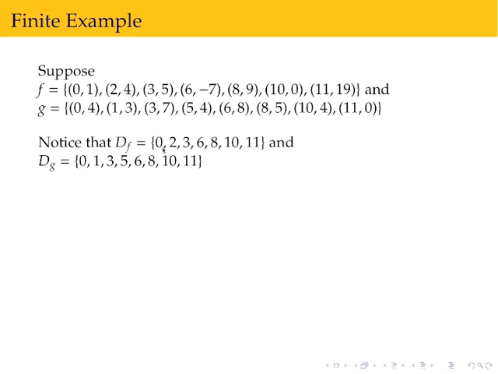The domain of f is 0, 2, 3, 6, 8, 10, and 11. You can get that just by looking at all of these x-coordinates. The domain of g, similarly, you get by looking at all of these x-coordinates. So the intersection of those two is going to be 0, 3, 6, 8, 10, and 11.